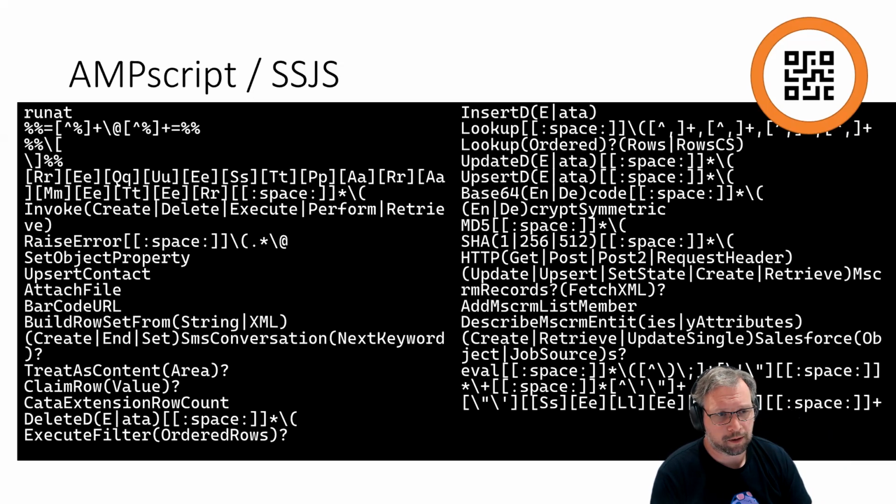Overall, I'd say there's probably a day's worth of effort to put together the regular expressions, then running it, getting some false positives, and then refining it. But it didn't take too long to build this up. And again, you can see here, the initial list was just keywords like lookup, attach file and barcode URL.